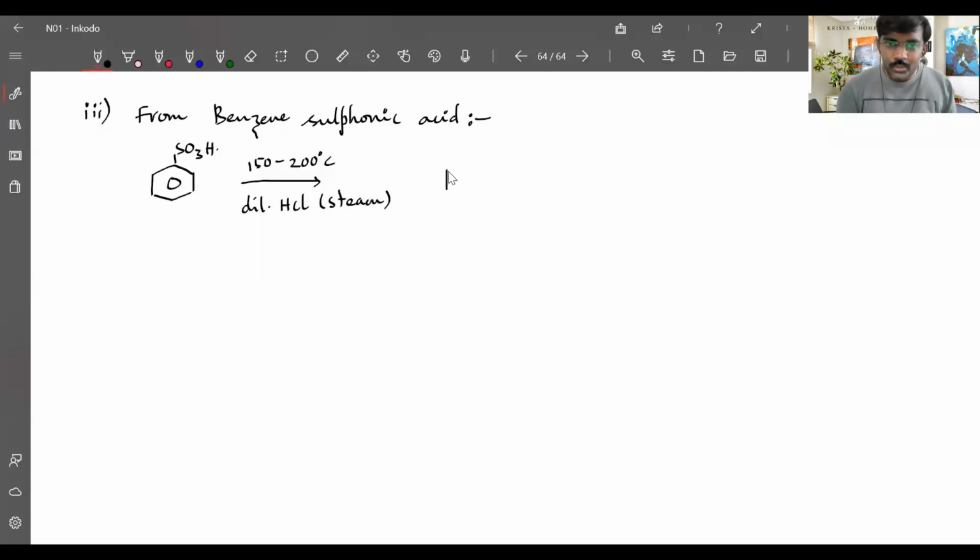This time it will become benzene, and the remaining part will come out as sulfuric acid, H2SO4. That means on benzene, an H plus ion from water is attaching, and that SO3H is attaching with OH, so it becomes H2SO4.